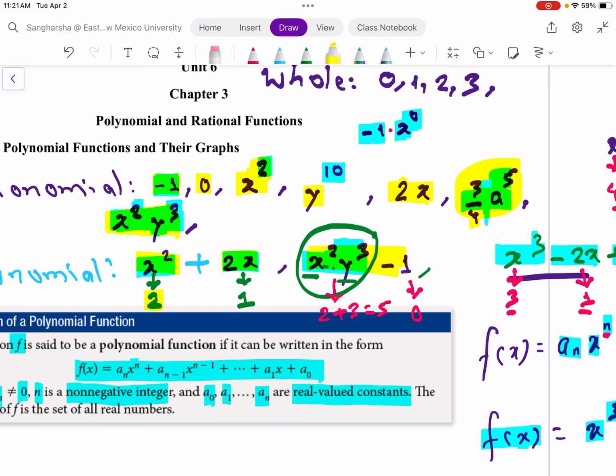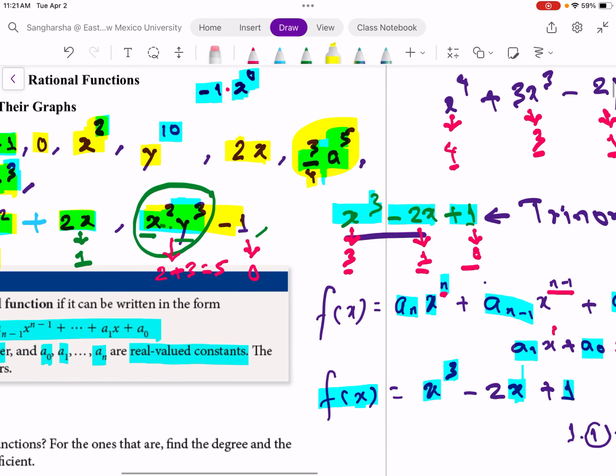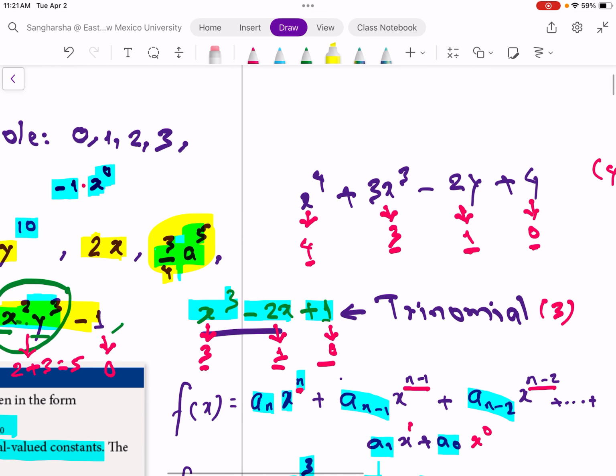Similarly, here this term has a coefficient of -2, this term has a coefficient of 3, and this term has a coefficient of 1. For the constant, it's just a real number, so it itself is the coefficient, 4. So a coefficient is a number that you see in front of a monomial. It can be any real number: fraction, decimal, negative or positive.